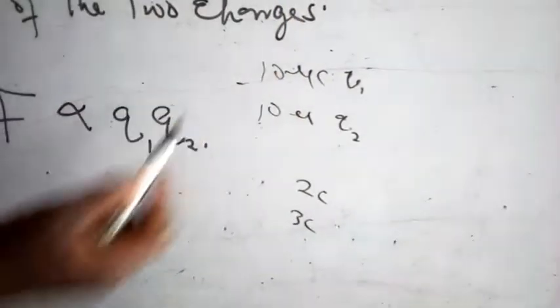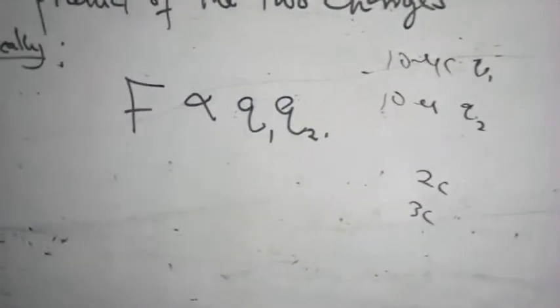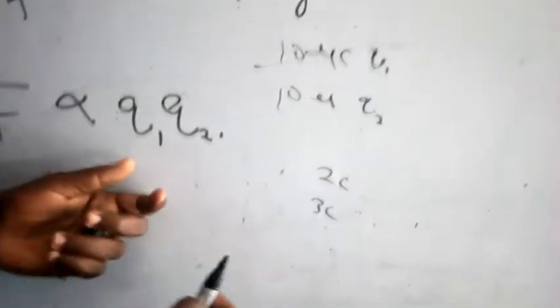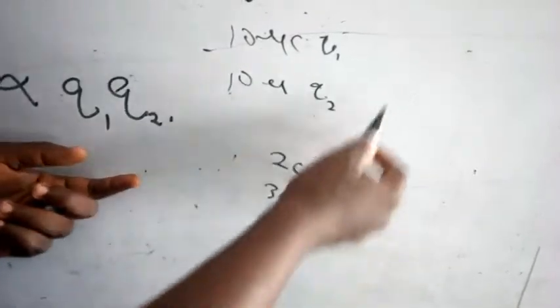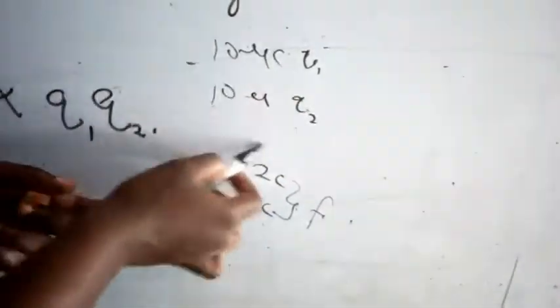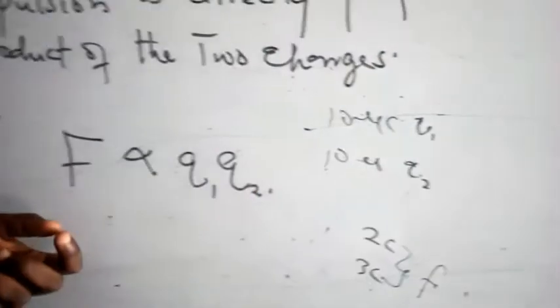This one is micro, very small charge. The force that will exist here will be high, while the force here will be very small.